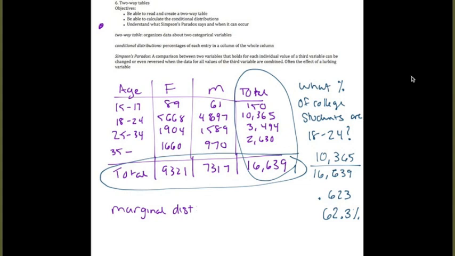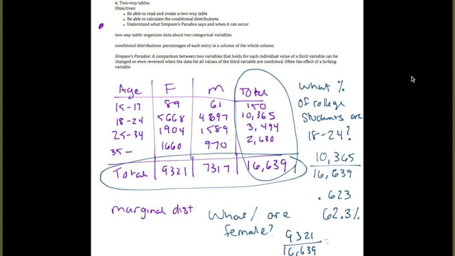We could then say, what percent are female? Well, 9,321 divided by 16,639. We can work that out on a calculator, and I have no idea what that is because the book didn't do this example.